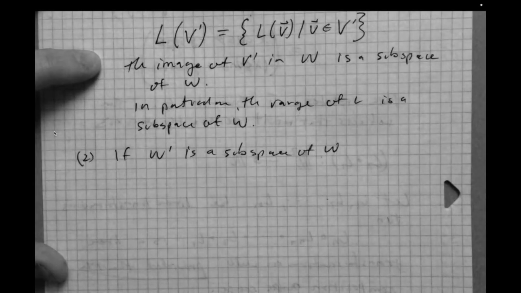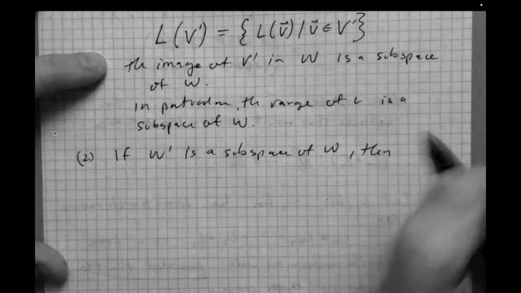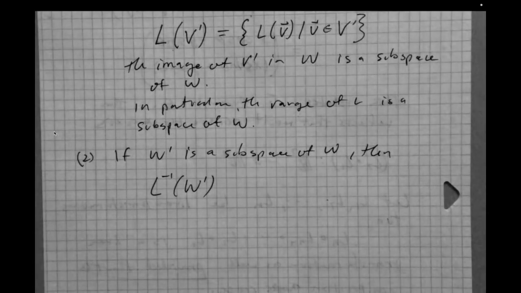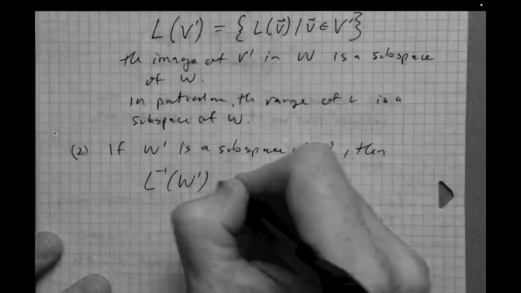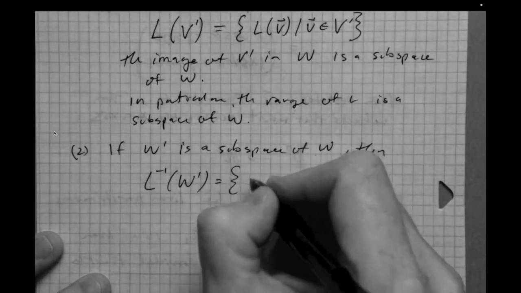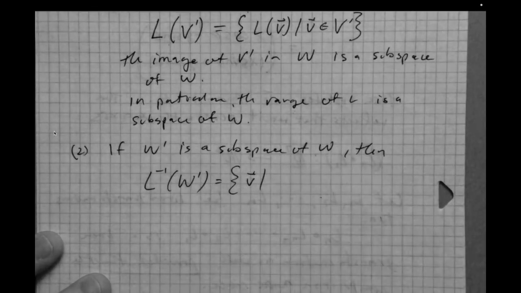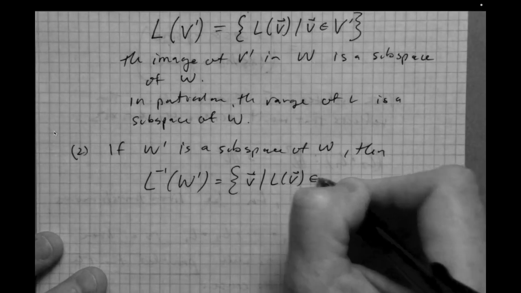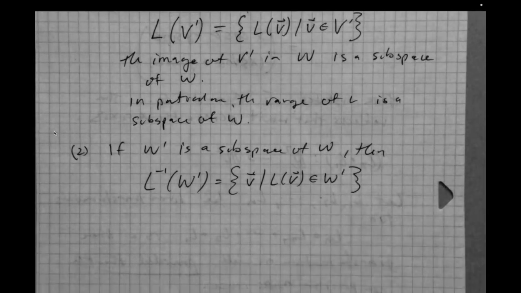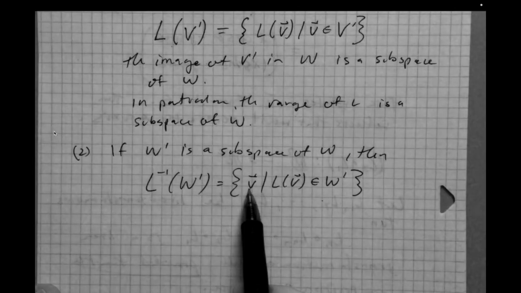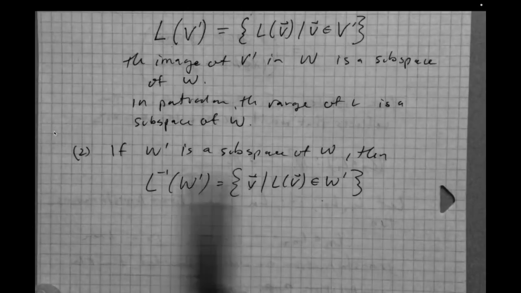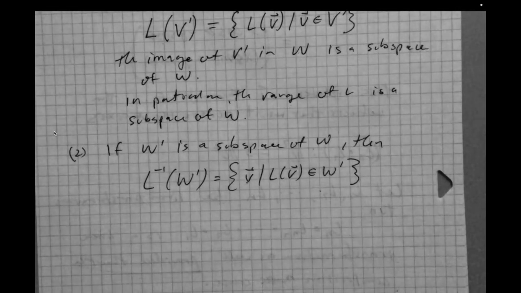If W prime is a subspace of W, then L inverse of W prime, the linear transformation going the other direction, is equal to all of the vectors v such that L of v is a vector in W prime. So these are in V, and their images are obviously in W prime, because I'm reversing the linear transformation.